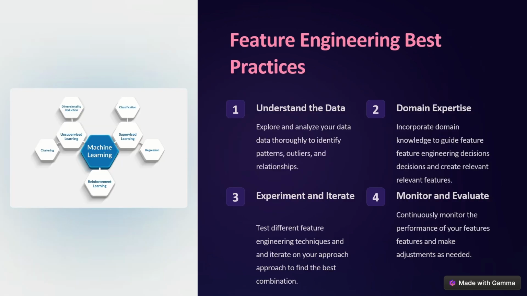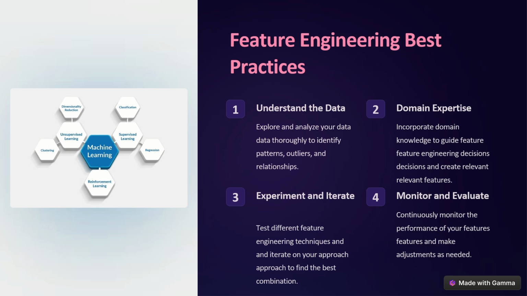Before we wrap up, here are some best practices. Understand the data. Get to know your data inside and out. Look for patterns, outliers, and understand trends. Use your knowledge of the subject to make informed decisions while creating features. Experiment and iterate.